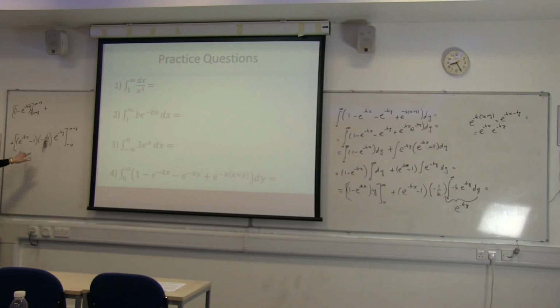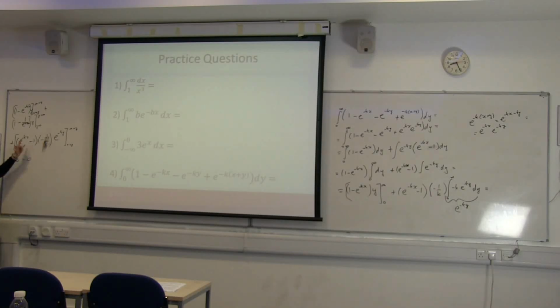Okay, and what about this one? That looks a bit more complicated, doesn't it? But then again, maybe you would see it easier if you say it's 1 over e to the kx. Between y equals 0 and y equals infinity. Okay, so let's look at this term then. Again, try to rewrite that. So we've got a negative in here.